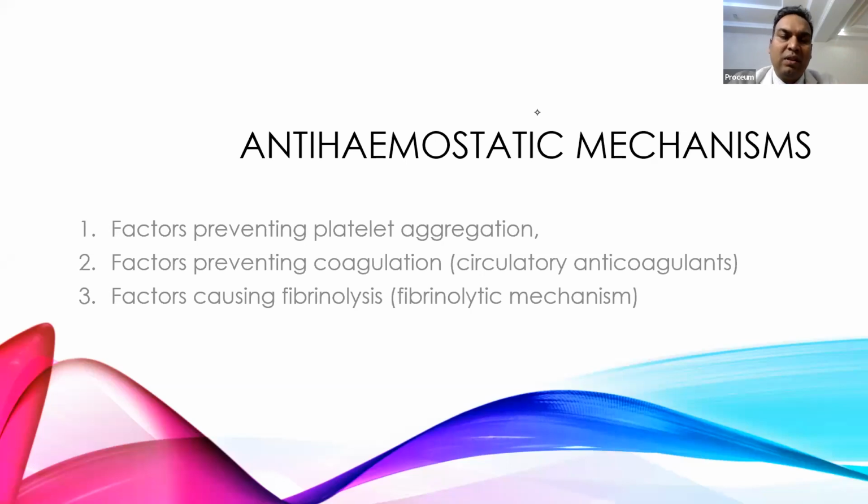It will not be concentrated enough to initiate the coagulation mechanism. So flowing blood is also very important. If blood is flowing, that will reduce the hypercoagulability of the blood. If blood is stagnant, it increases the chances of coagulation. If blood is flowing, it reduces the chances of coagulation.